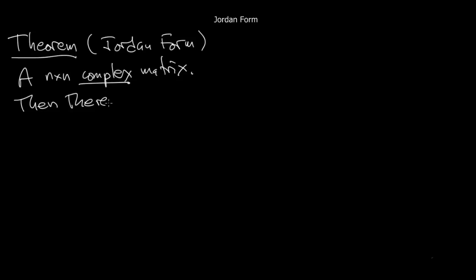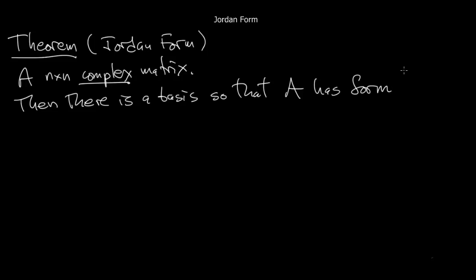Then there is a basis such that with respect to that basis, after changing basis, in other words, replacing A with S inverse A S, you can put it into the following form.